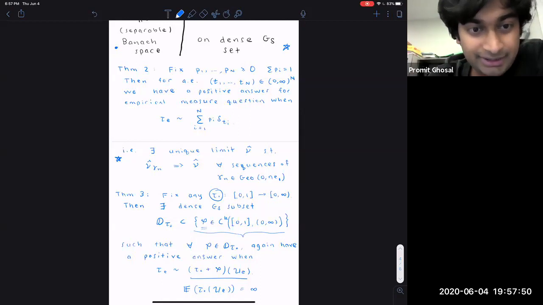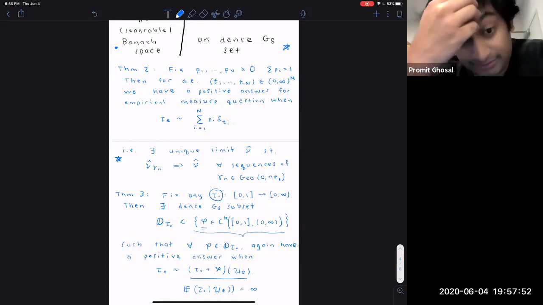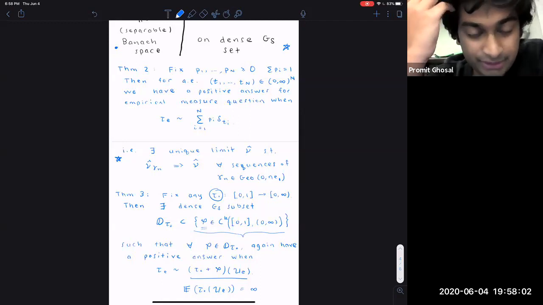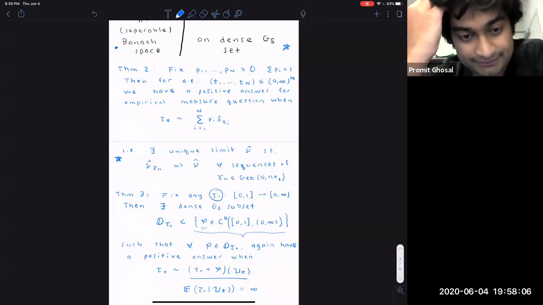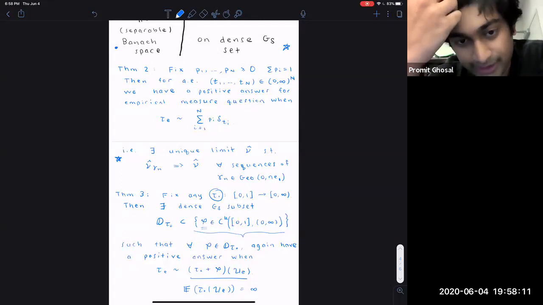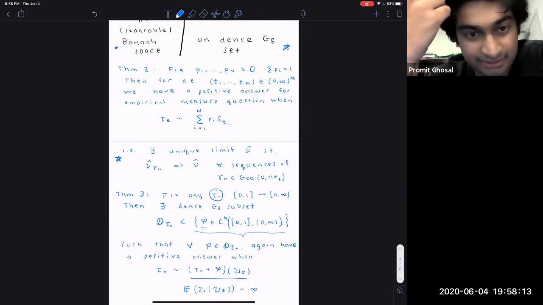You have this edge weight empirical distribution over n weights, and then this gamma hat n converges to nu hat. But this nu hat, do you have any description of nu hat in terms of these weights, like the pi's or something like that?